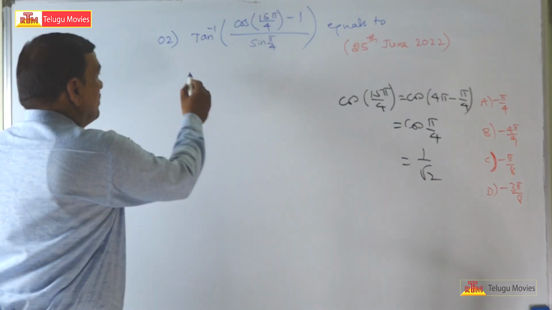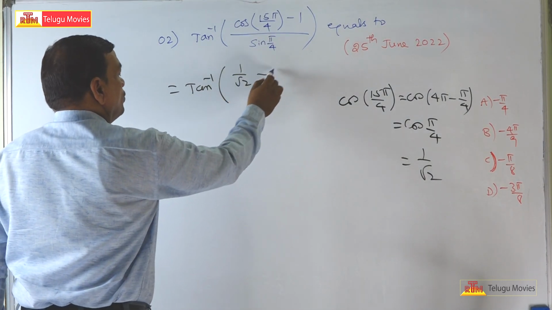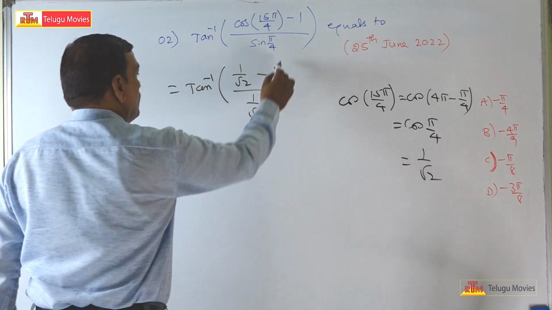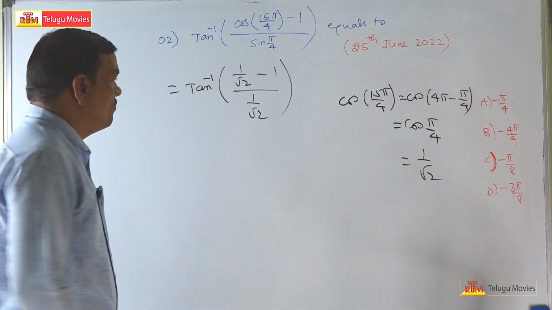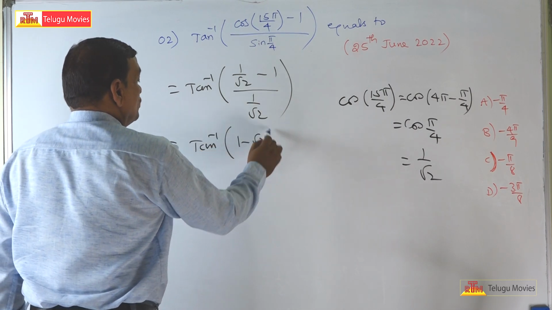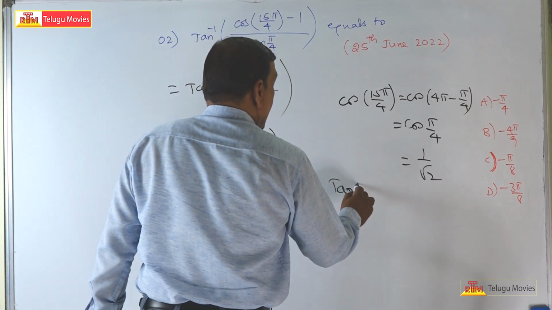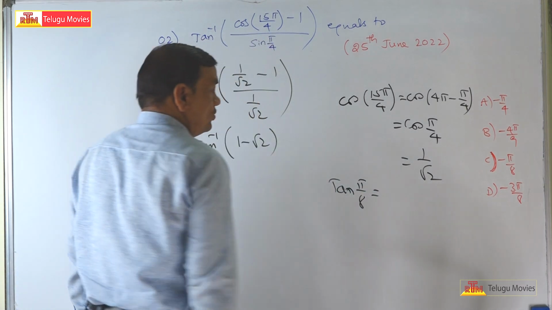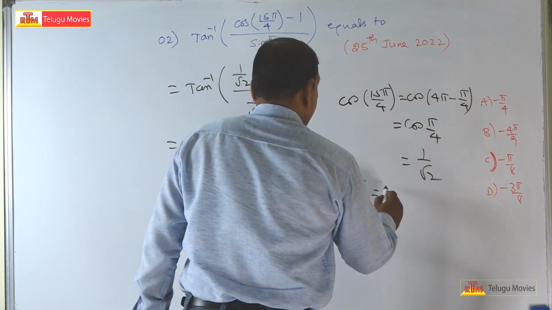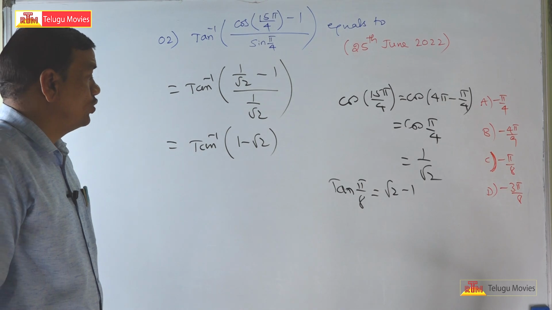Now coming to your problem. This is tan inverse of (1 by root 2 minus 1 by root 2), so this is tan inverse of 1 minus root 2. Now we know the value of tan pi by 8 is equal to root 2 minus 1.